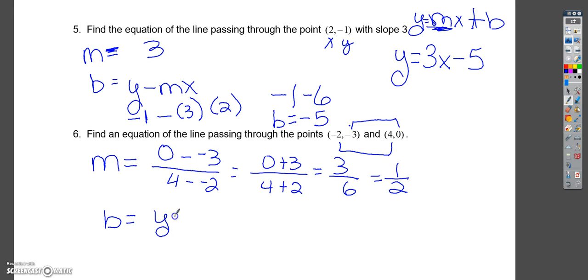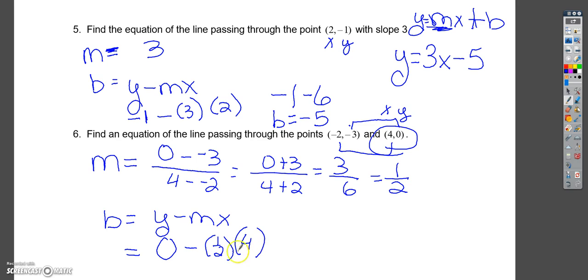b is y minus m times x. So here's an x and a y. Here's an x and a y. You can use whichever one you want. I'm going to use this one. X is 4, y is 0. So 0 minus m, which was 1/2, times x, which is 4.